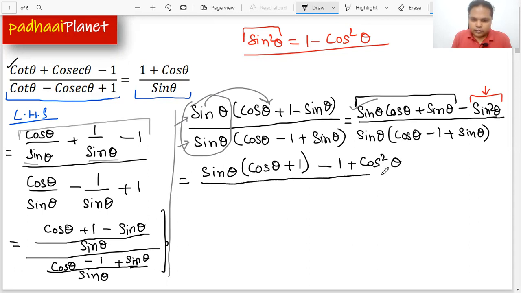At the bottom, we have the same thing: sine theta, cos theta minus 1 plus sine theta. Now we will keep it like this.